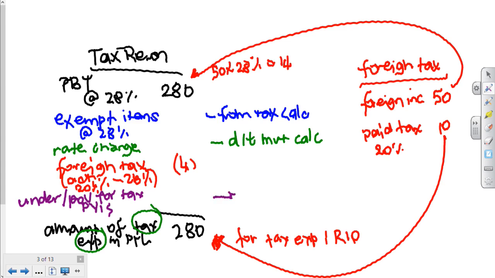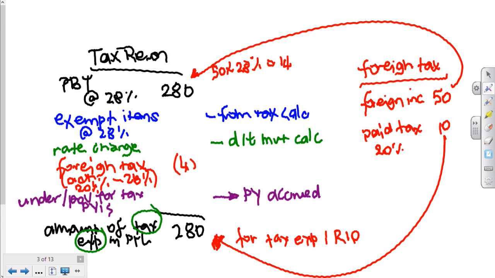This here comes about when, for prior year, what I had accrued for tax, in other words, when I did my tax calc, and I put the numbers into my P&L, and I said, my tax calc says I'm going to have to pay SARS 20,000 Rand, and that's what I put into my P&L, and that's what I leave on my financial position, isn't it?